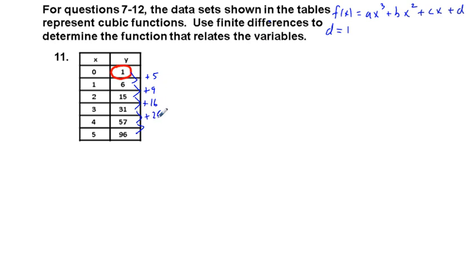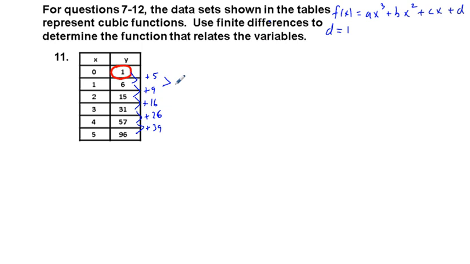And then for the last one here, we got 96 minus 57. That's going to be, is it 39? 96 minus 57. Yeah, it looks like 39.